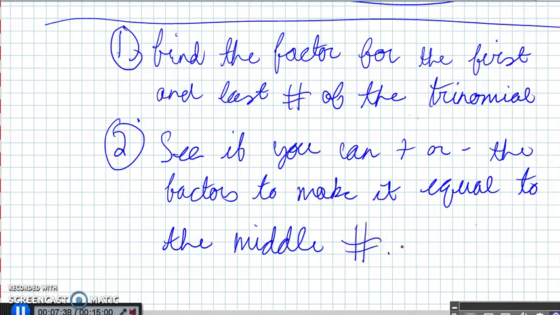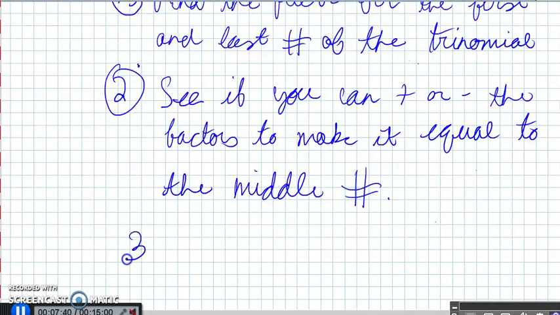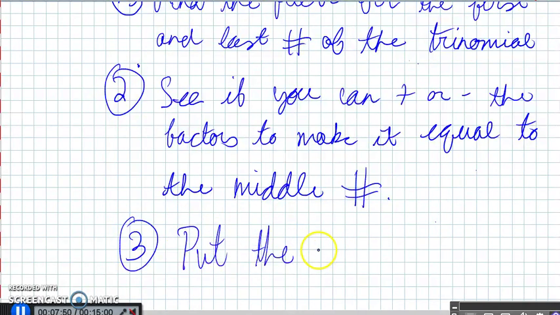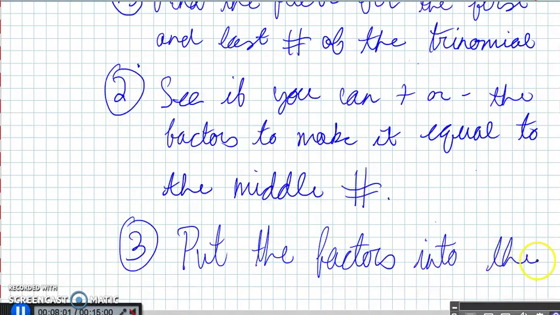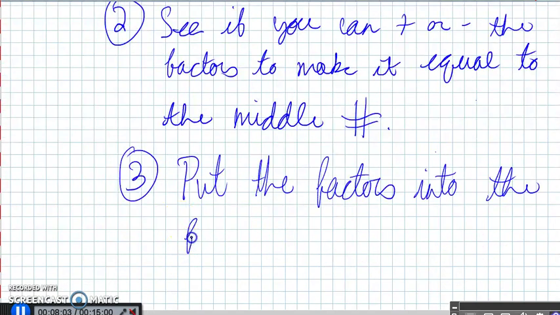If you do this, you will then put the factors into the brackets. And that is your answer.